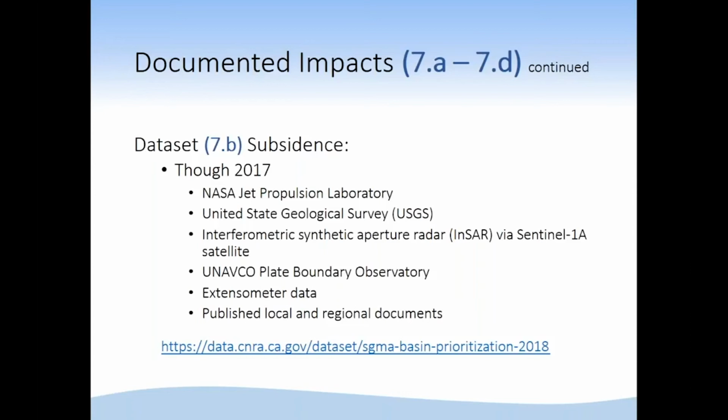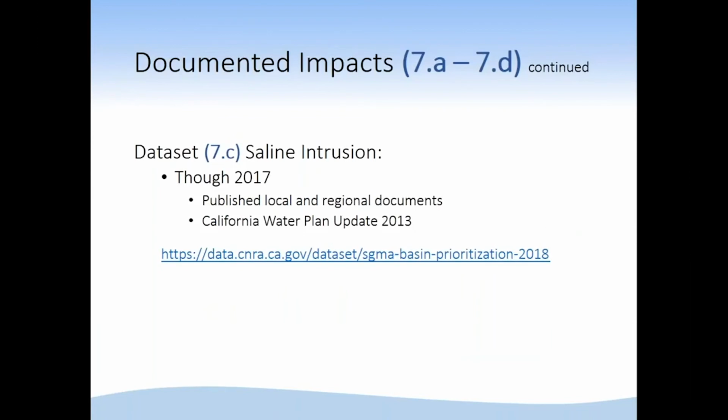We also have extensometers, mostly throughout the Central Valley. We looked at that information as well, and then published local and regional documents that we could find. Again, all that will shortly be available as part of the documentation package that will be offered. Saline intrusion is another one where it was mostly published local and regional documents.